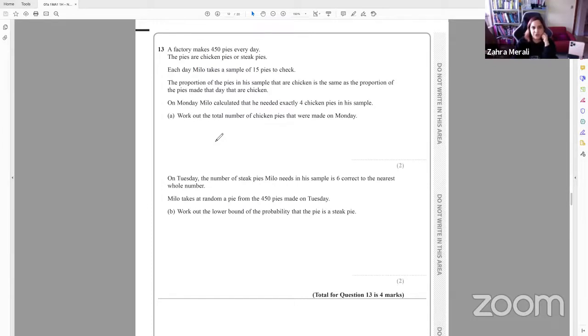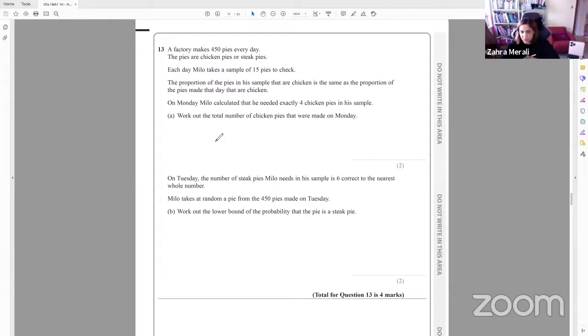The proportion of pies in his sample that are chicken is the same as the proportion of pies made that are chicken. On Monday, Milo calculated that he needed exactly 4 chicken pies in his sample. Work out the total number of chicken pies that were made on Monday.